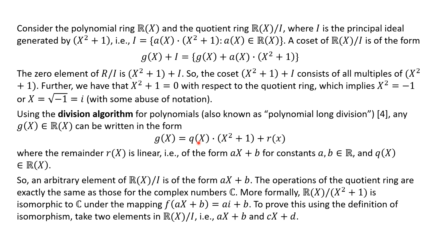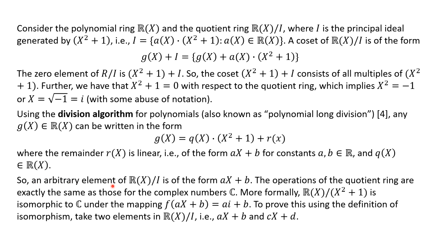And it may very well be that q(x) is 0, and you just have a remainder here, where the remainder is linear. So that's part of this algorithm. The remainder is of degree less than this polynomial x squared plus 1. So it would be of the form ax plus b for constants a and b from the real numbers. And q(x) is a real polynomial.